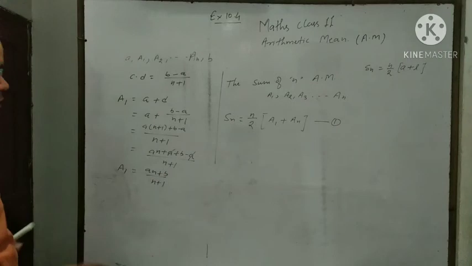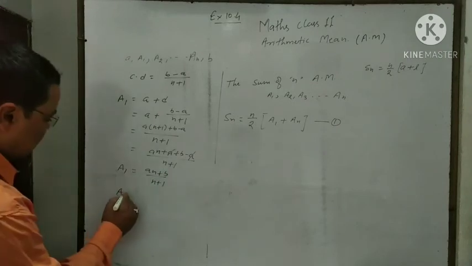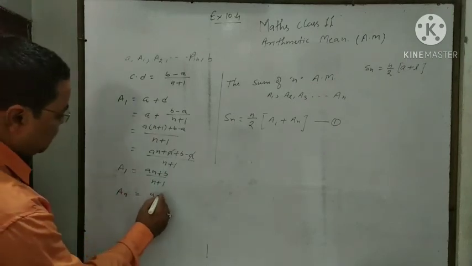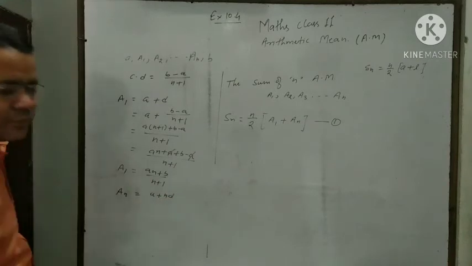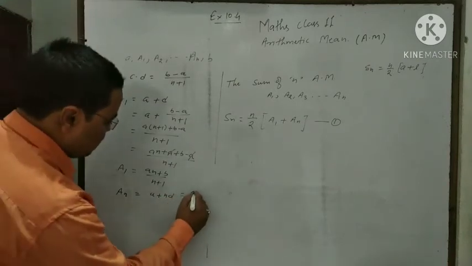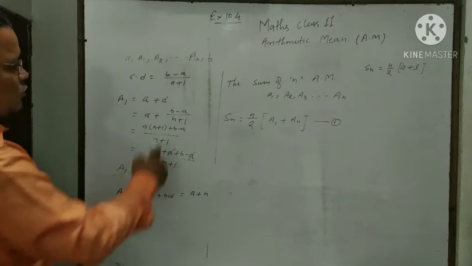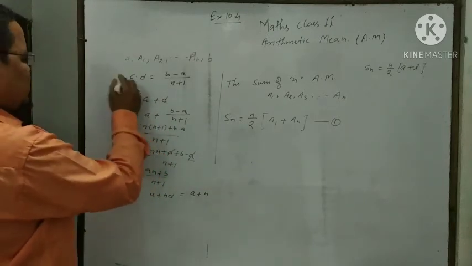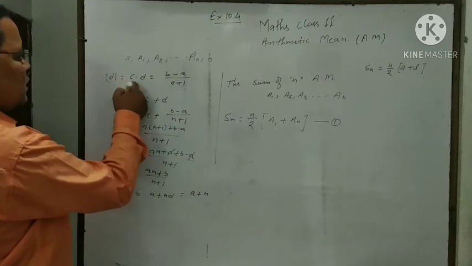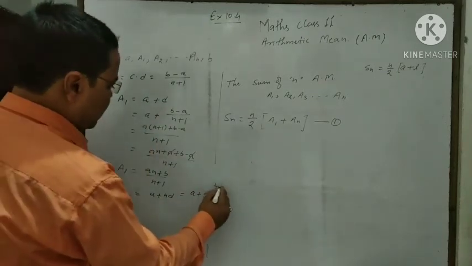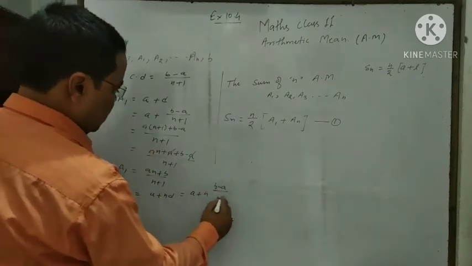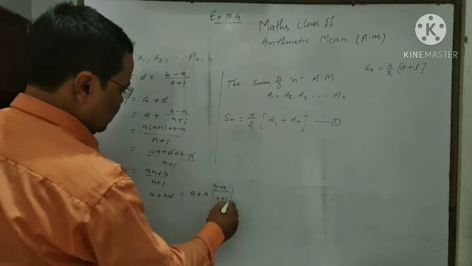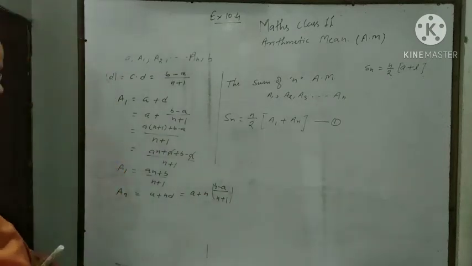Similarly here we can get An also. An is equal to a plus nd. And d is what? What is the common difference? Common difference d is b minus a upon n plus 1. Okay, now let us calculate this.